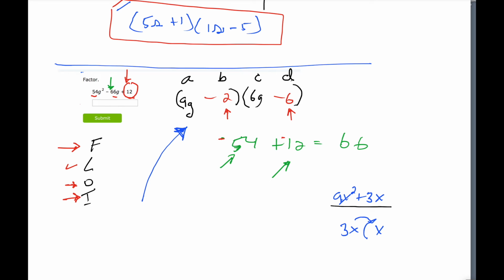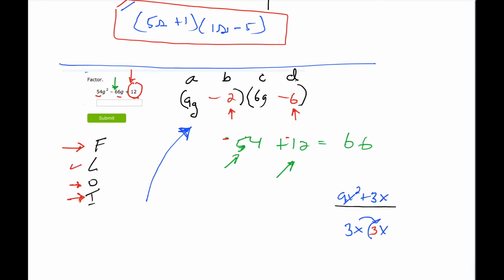So 3x times what is 9x squared? Yeah, 3x times 3x. So we got 3x times 3x is our 9x squared. Now what do we do?